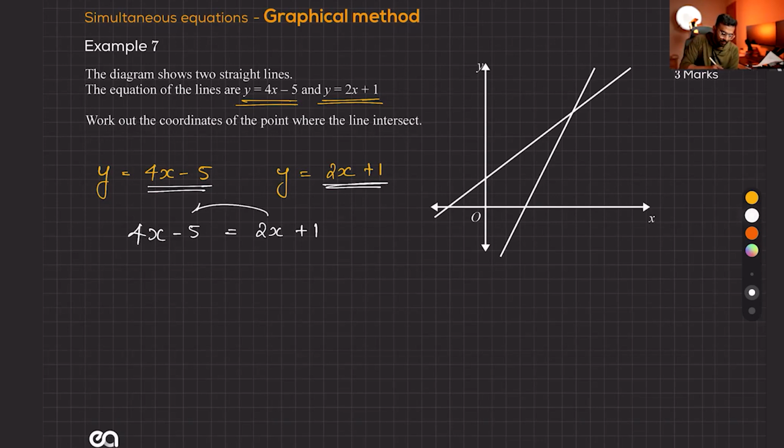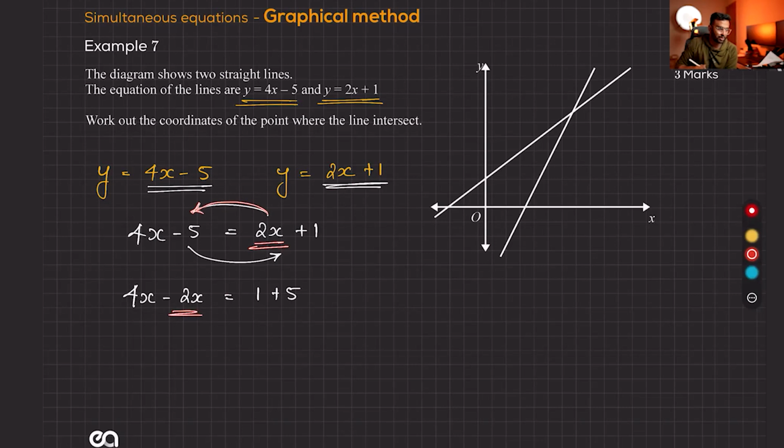And then keeping all the x together, numbers to one side, we have 4x minus 2x, 1 plus 5. Notice I've done it all in one go. You see that 2x, when it went to the other side, it became minus 2x. This minus 5, when it went to the other side, it became positive 5. Done. So that is 2x equal to 6 and x equal to 3.